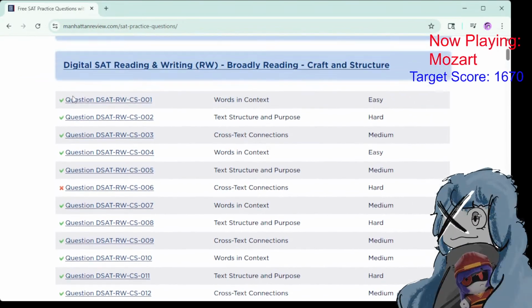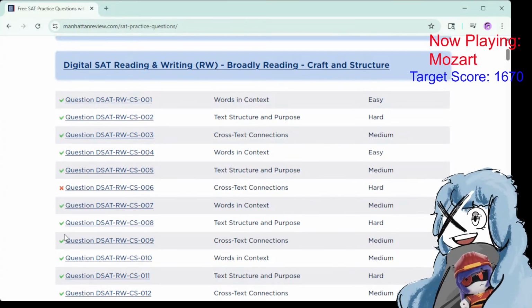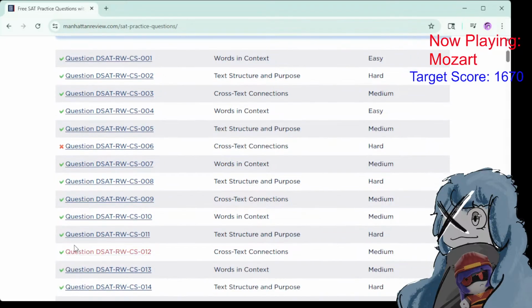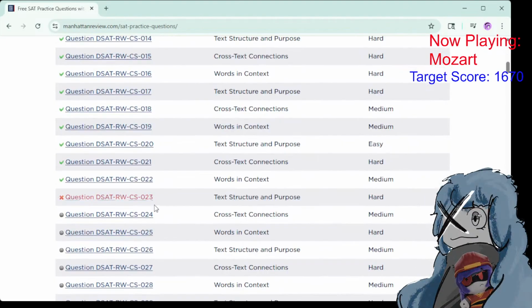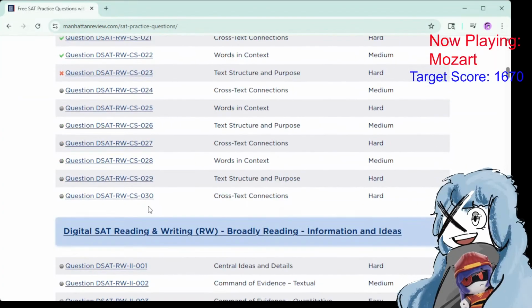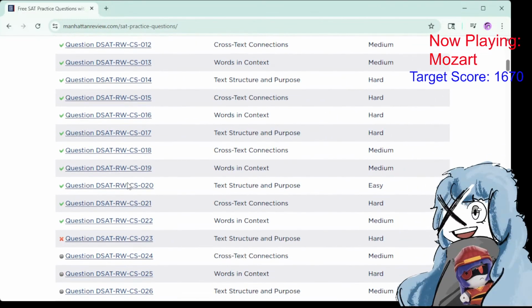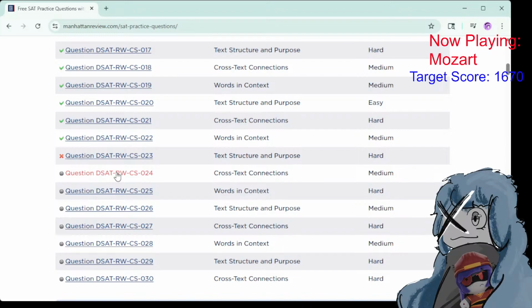How many questions? 1, 2, 3, 4, 5, 6, 7, 8, 9, 10, 11, 12. Oh, it's right here. 23 out of 25. So just two wrong. My average is like three wrong, I think, per round. This isn't good.